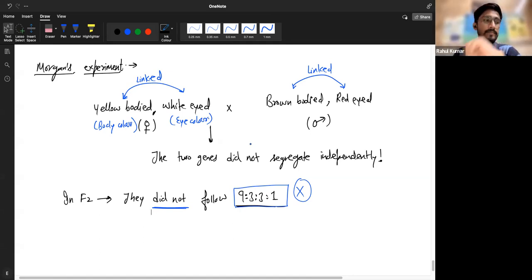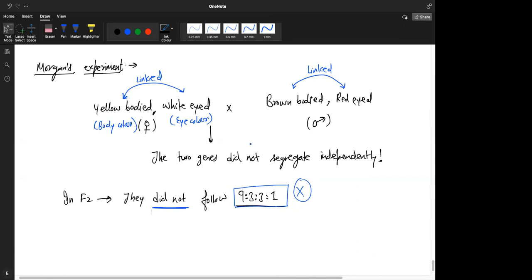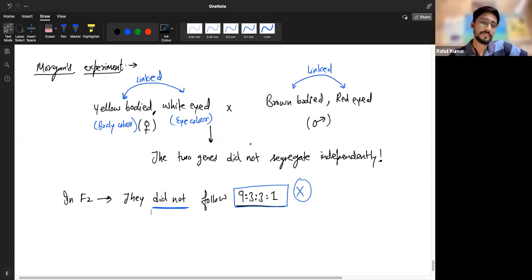He coined the term linkage to describe this physical association, and the term recombination to describe non-parental gene combinations. Okay.